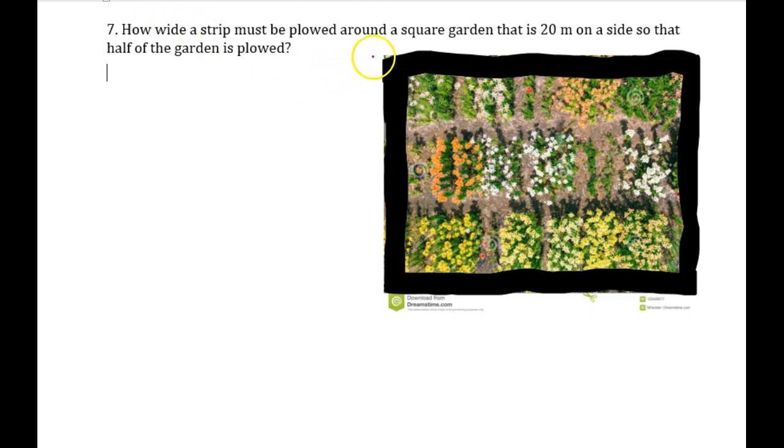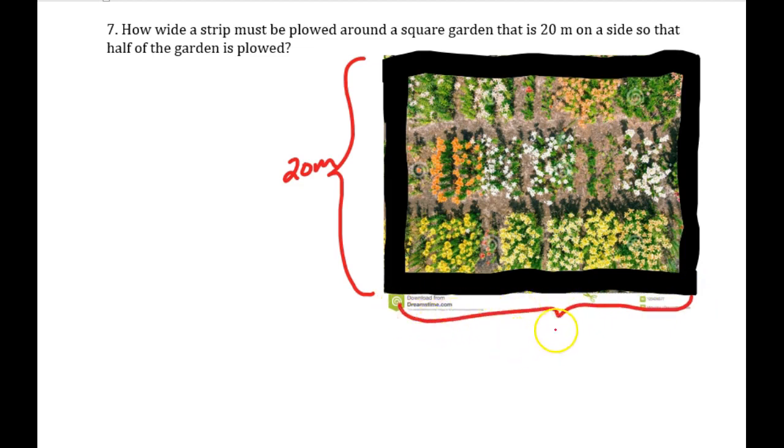Well, we know the original garden is 20 meters, and it's square, so 20 meters on each side. So how wide of a strip did you take off going around?